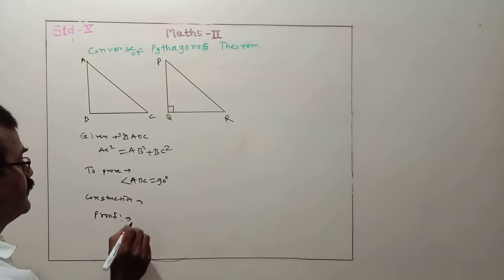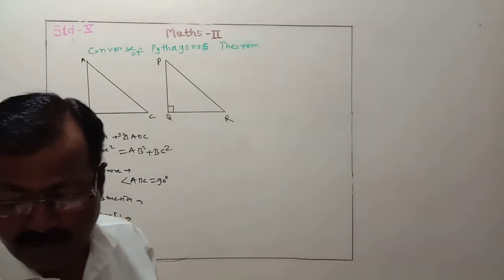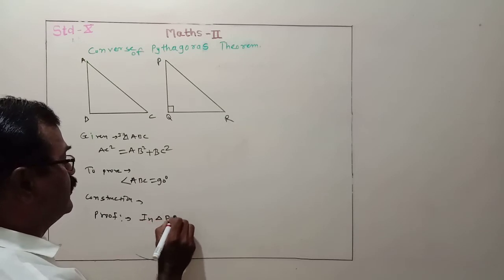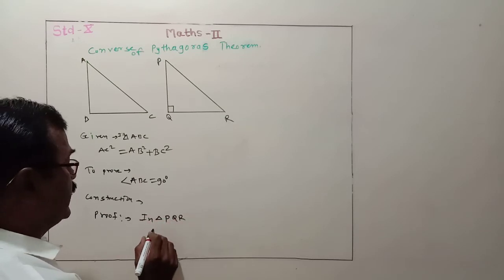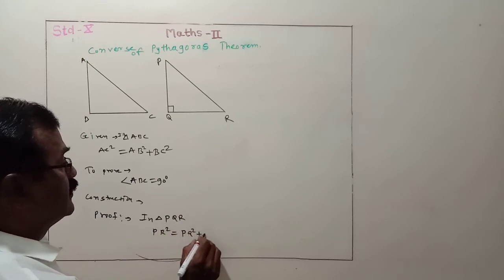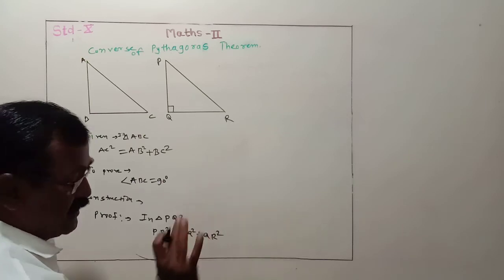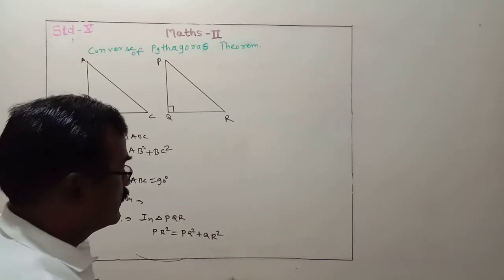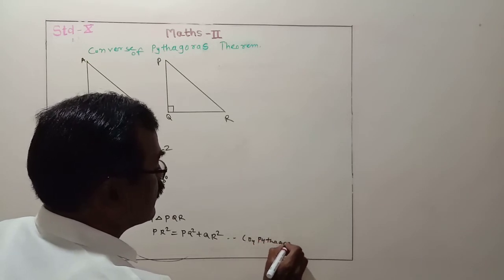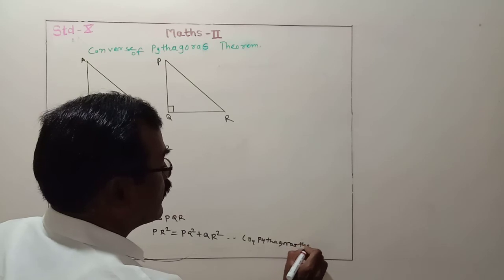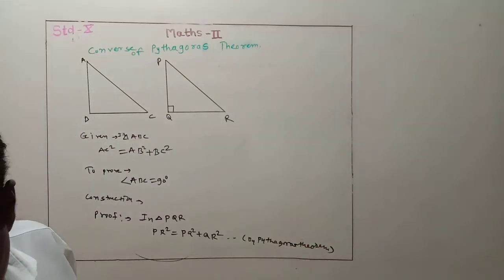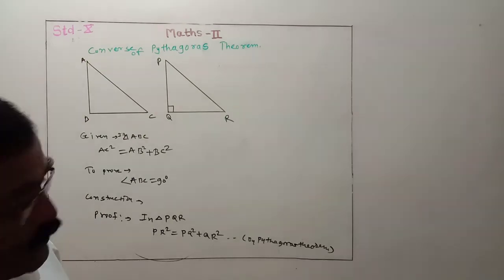In this proof, you write: in triangle PQR, PR square is equal to PQ square plus QR square, by Pythagoras theorem.